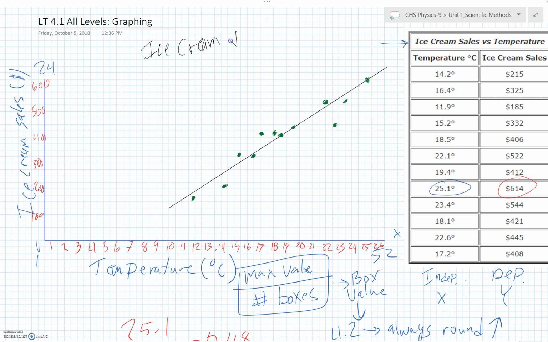Ice cream and temperature data. Something like that. Nothing too fancy, but just something so that way we can identify what our graph is about. That's all for now. Next video is on slope.